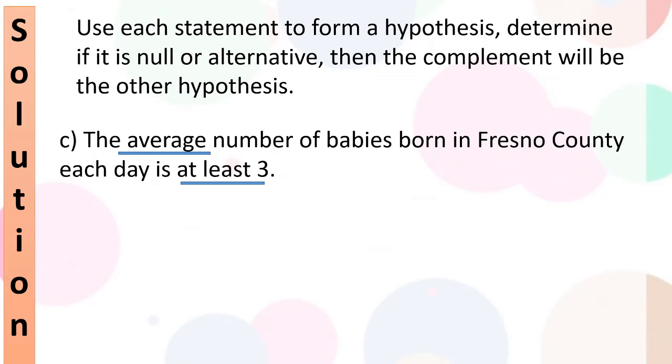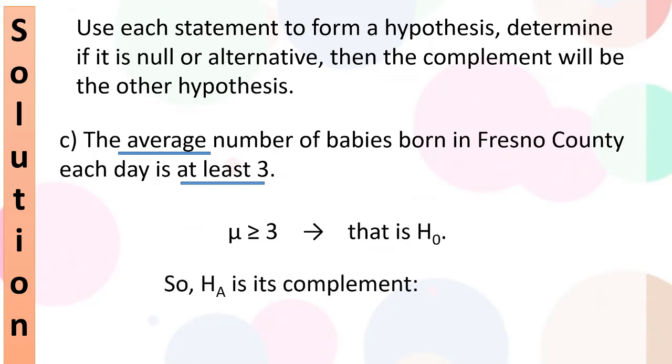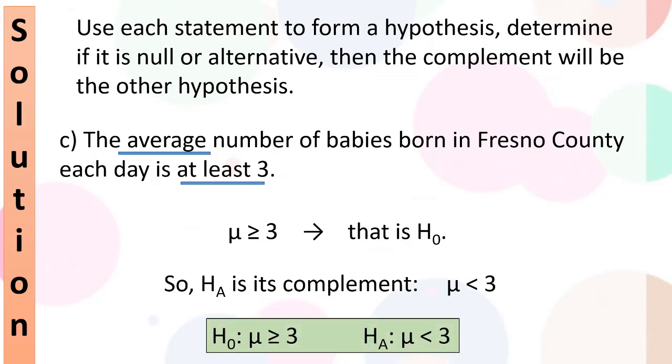So 3 or more would be greater than or equal to 3. Mu greater than or equal to 3. Because there's equality, then that's the null hypothesis H naught. The opposite of being greater than or equal to is being less than. So HA would be mu less than 3. And those are your two statistical hypotheses.